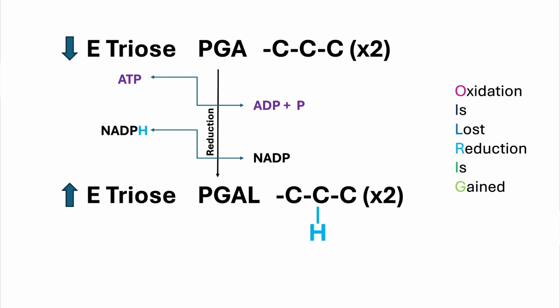Going from a low energy triose to a high energy triose is called reduction. Reduction is basically a chemical action where a molecule gains an electron or more. The hydrogen was the electron, it was energy rich, electrons are energy rich. PGA became PGAL, phosphoglyceric acid turned into phosphoglyceraldehyde.